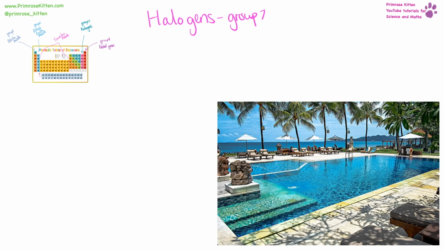Moving over one group to group 7, we have the halogens. We are still in the non-metals, and these are going to go around as diatomic molecules, which means their formula is going to be, for chlorine gas, Cl2, fluorine gas, F2, bromine gas, Br2. They're going to go around together in pairs.